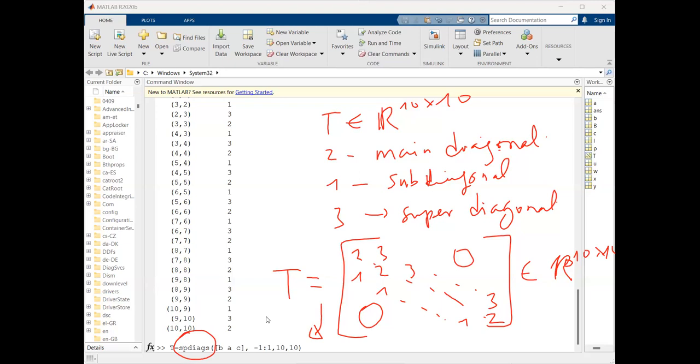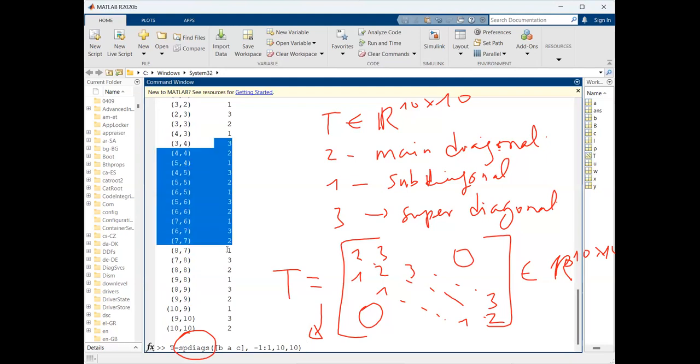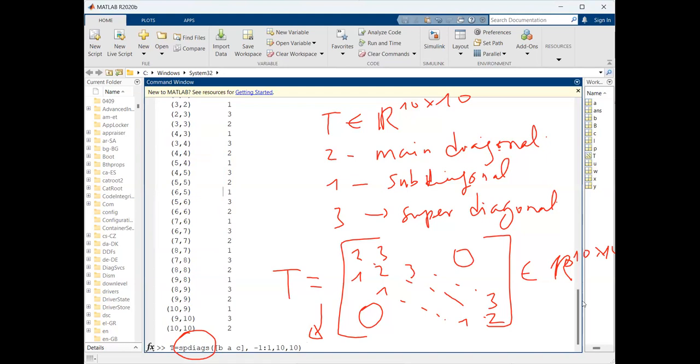When you write the SP, MATLAB immediately starts doing everything in a sparse setting. Sparse setting means it doesn't save all the entries of the matrix. It only saves the non-zero entries of the matrix. So it gives you the row and column order.